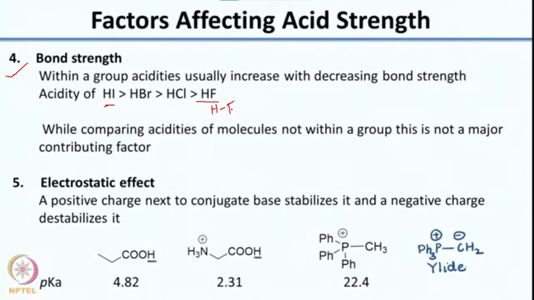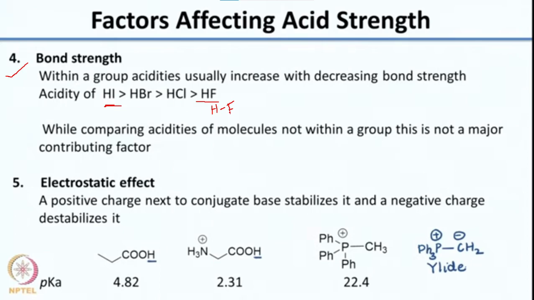Why is it very strong? Because size also matters here. All of you know that if you write the electronic configuration here, you will observe that the iodine size is very high compared to the hydrogen one. So that's why the bond is very weak.